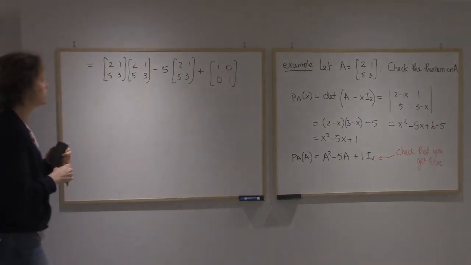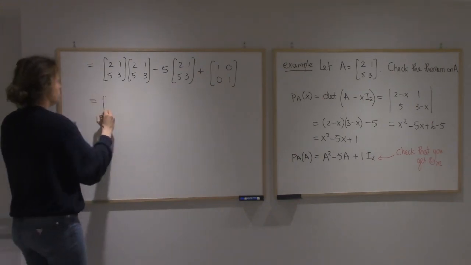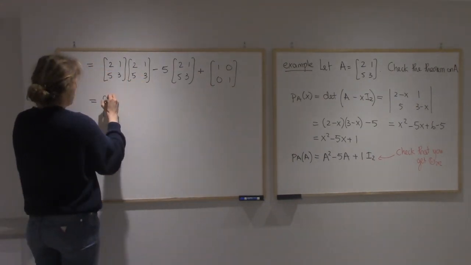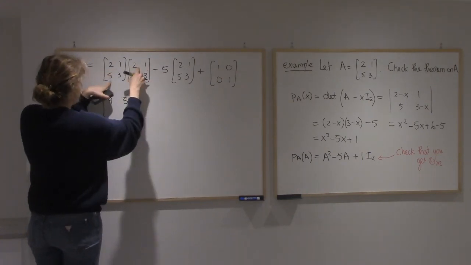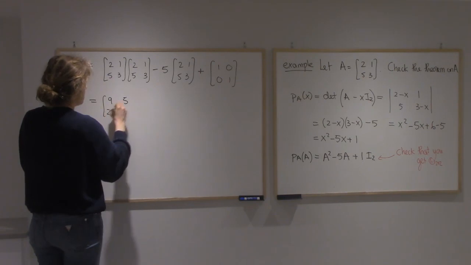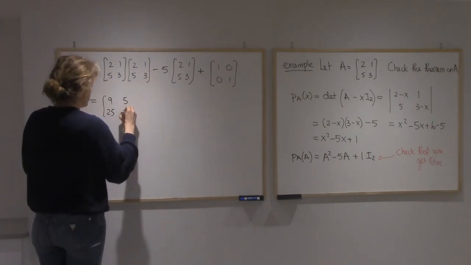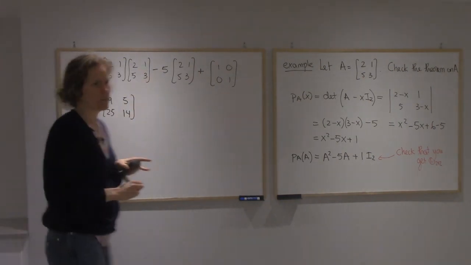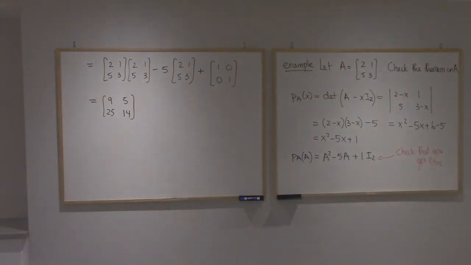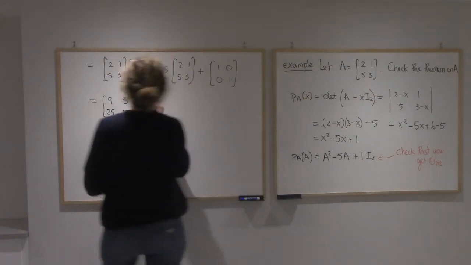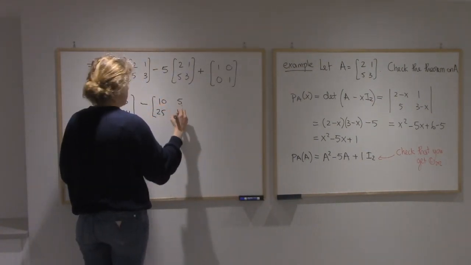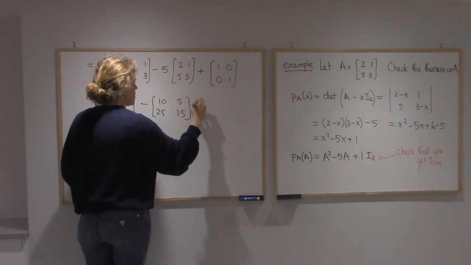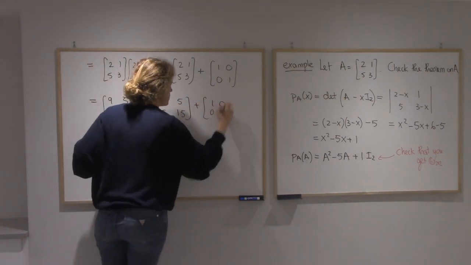So we get 4 plus 5, 2 plus 3, 10 plus 15, 5 plus 9. Alright, so I get that A squared is [9, 5; 25, 14]. Then I want to subtract [10, 5; 25, 15], and add [1, 0; 0, 1].